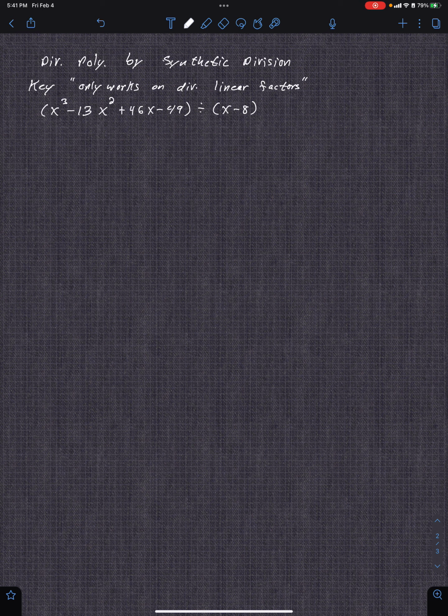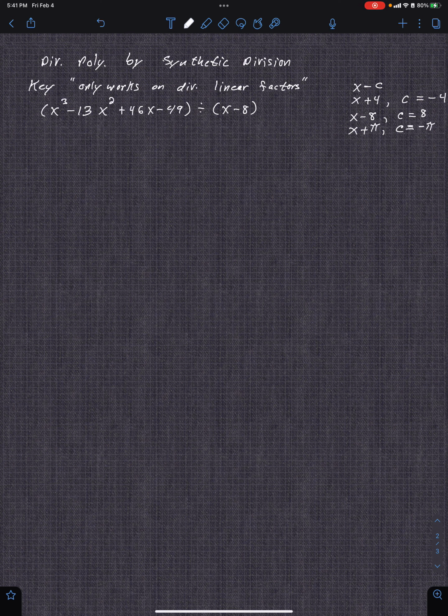So a linear factor has to be in the form x minus c. So if you have x plus 4, then your c is negative 4 because it's a minus minus. If you have x minus 8, then c is 8. If you have x plus pi, then c is negative pi.